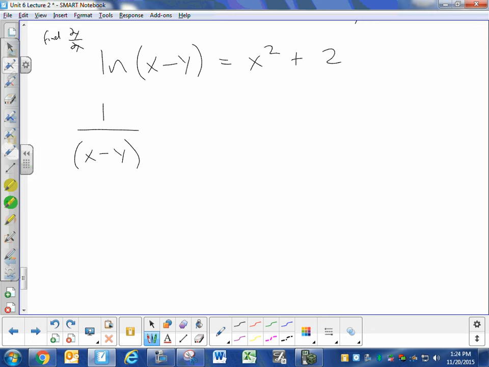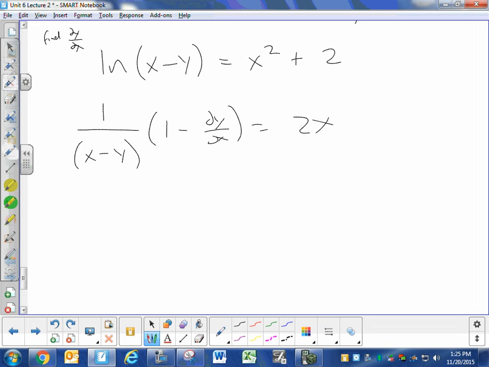Derivative of log of stuff is 1 over the stuff. I got 1 over the stuff times the derivative of the stuff. Now, in this situation, since I don't have a dy/dx on the right side, I don't have to distribute this if I don't want to.